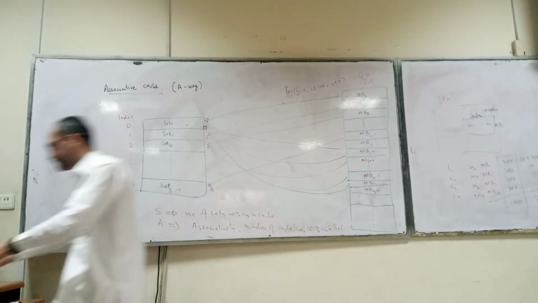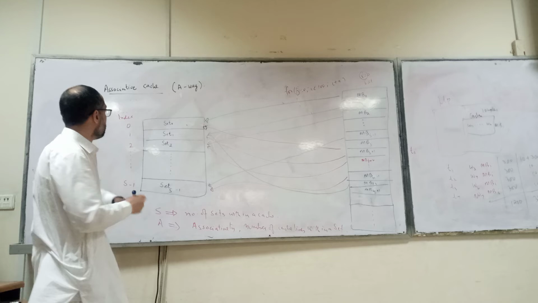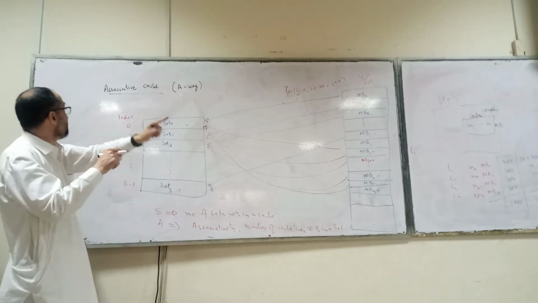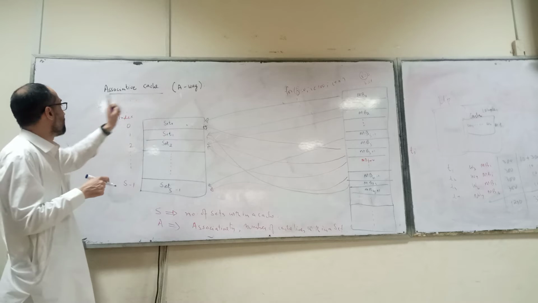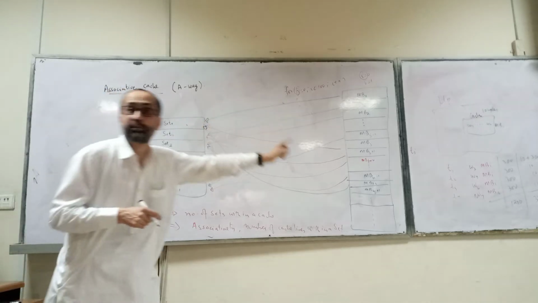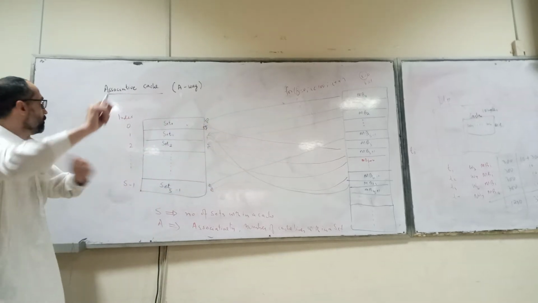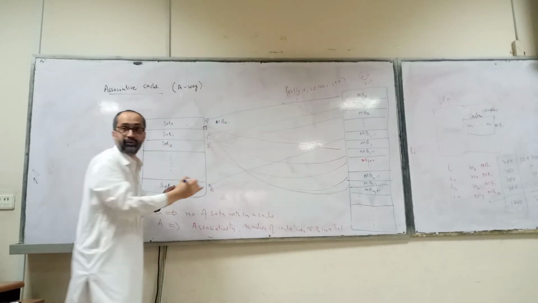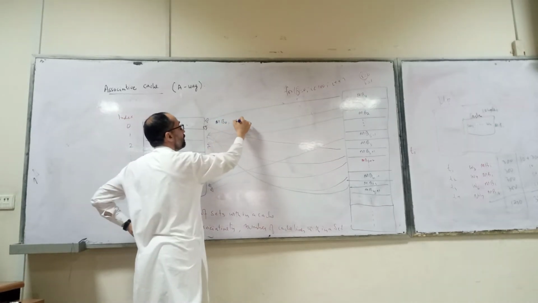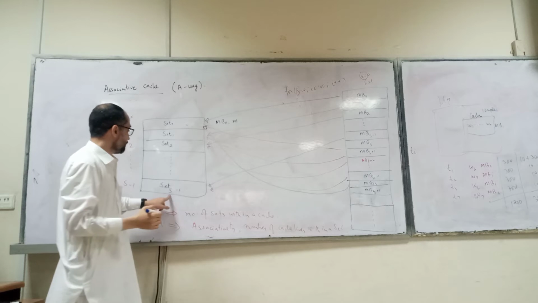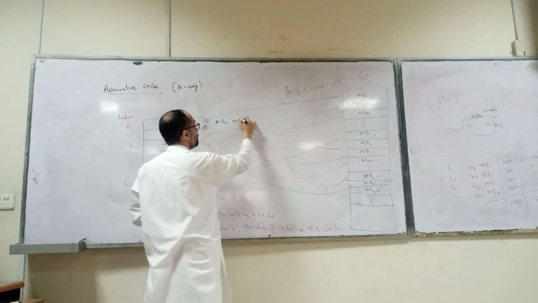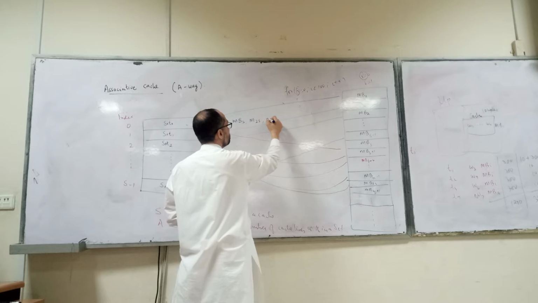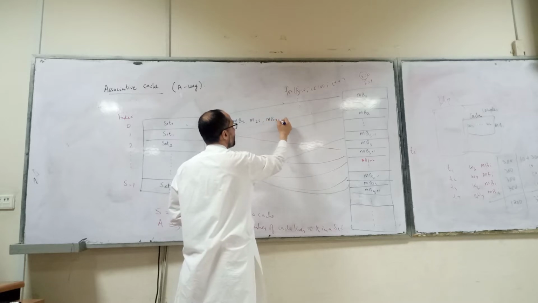Now if you look at this, main memory block 0 will be mapped to index 0, main memory block 1 to index 1, main memory block 2 to index 2. It can be written like this: main memory block 0 will be mapped to set 0, and so will main memory block S, main memory block 2S, main memory block 3S, and so forth.